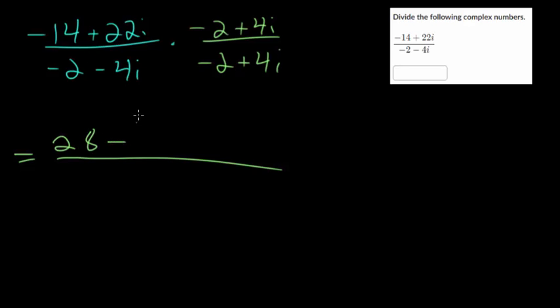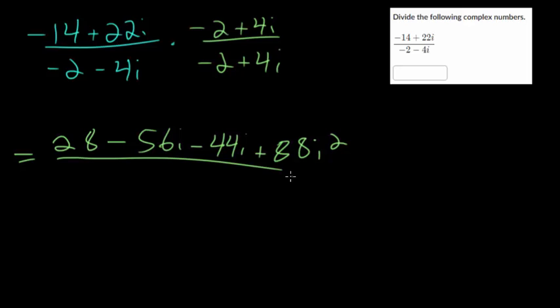Then you get minus 56i from minus 14 and 4i. Minus 2 and 22i would be minus 44i. And lastly, we have 22i and 4i, so that would be a plus 88i squared.